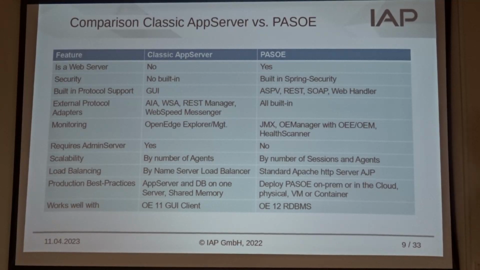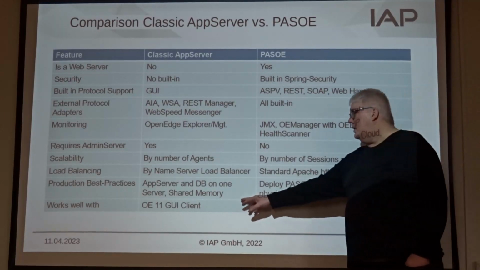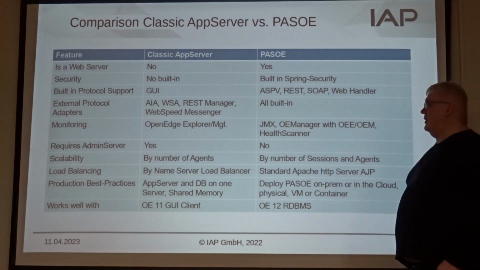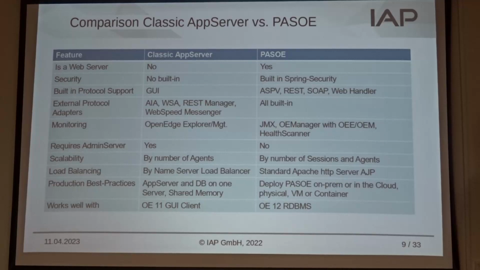Okay. Then we have to know that the classic app server is not available anymore with version 12. On one hand, not nice, because we have to change something. We have to learn PASOE, and then check if everything is fine.